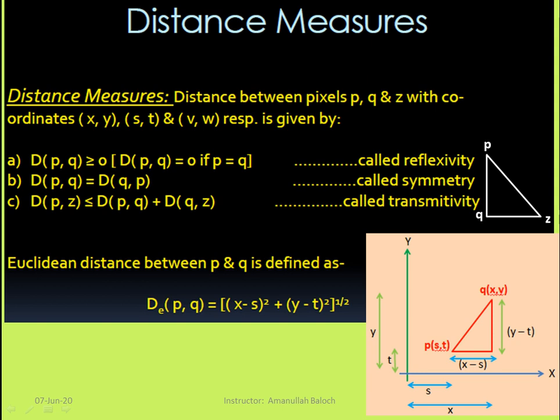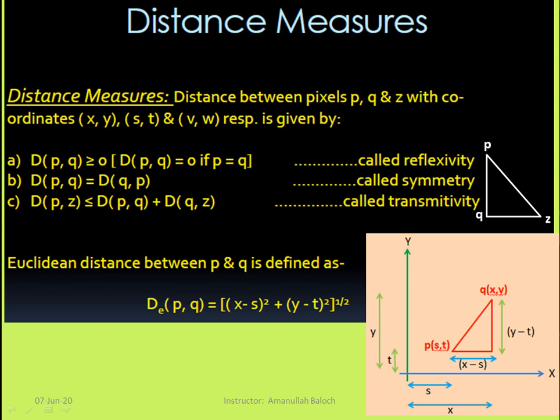If P and Q belong to the same pixel, that is, the pixel P is also the pixel Q, then there will be no distance, so their distance value will be equal to 0. If they are not the same pixels, then the distance between P and Q will be greater than 0.